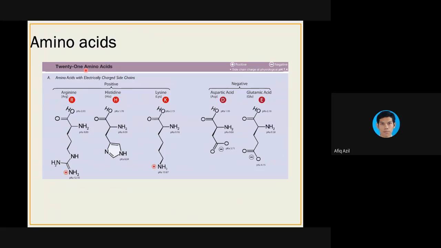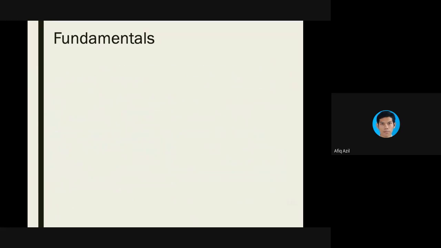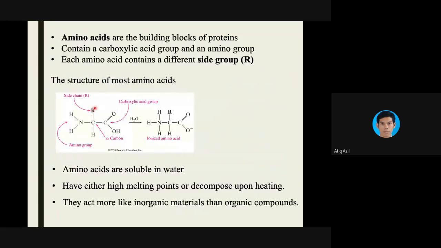Okay, so they are divided into several types. One is what is called amino acids with electrically charged side chain. If you still remember the R group just now, from these structures, this R group will make the amino acid different.